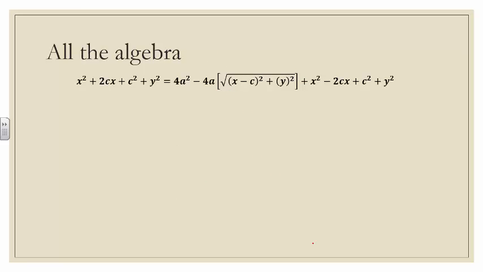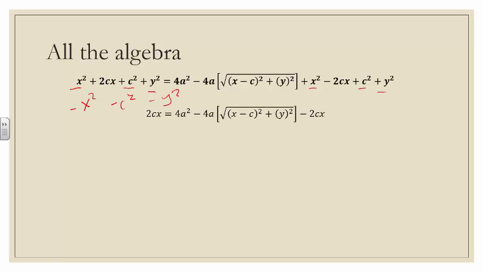The terms that we were left with are bold at the top, and what we'll do is a little bit of algebraic manipulation here. We note that we have similar terms on both sides. So using subtraction, we can get some of those to cancel. We can subtract x squared, c squared, and y squared from our left-hand side. What we do to the left, we must do to the right.